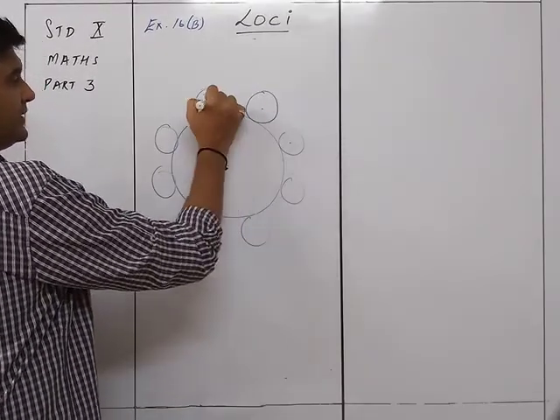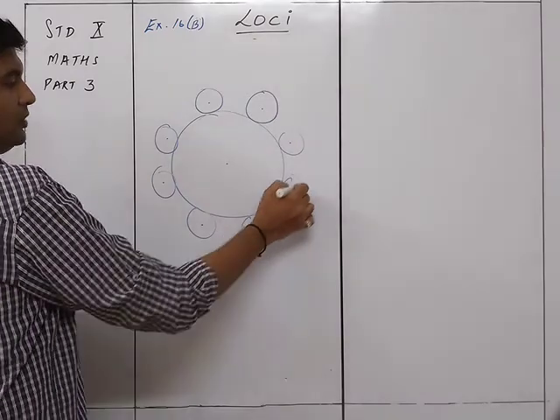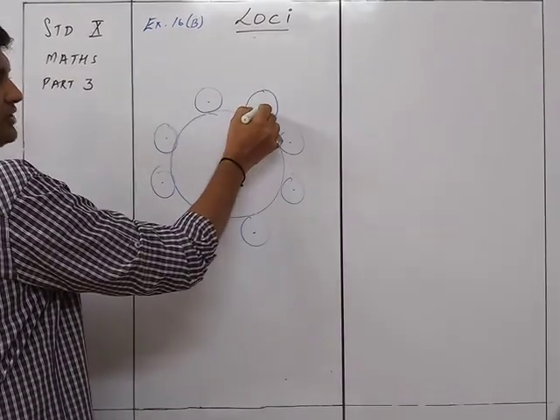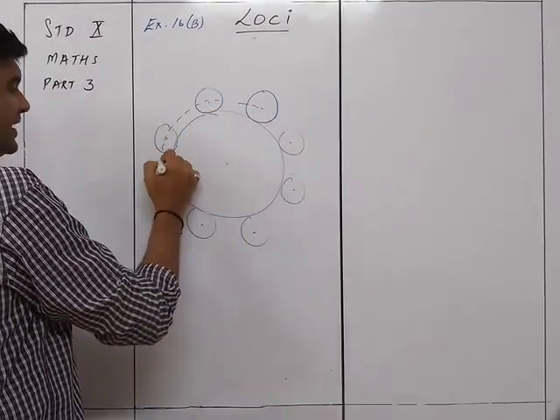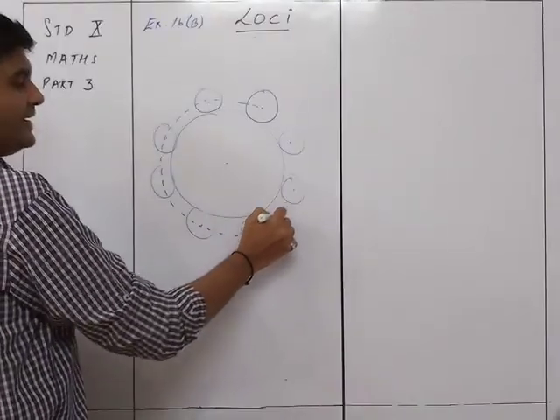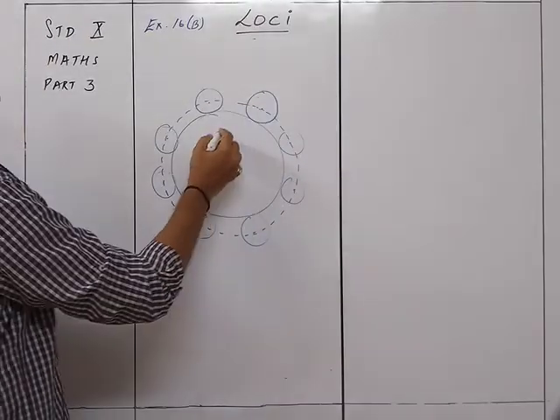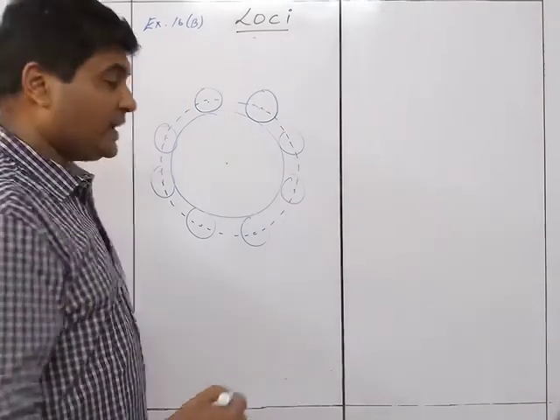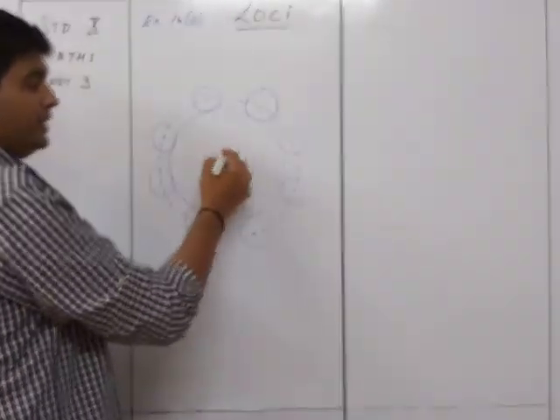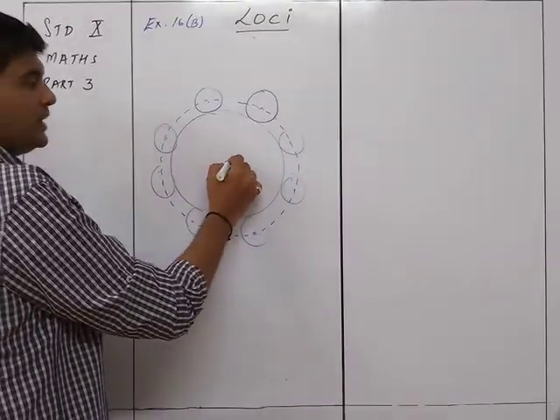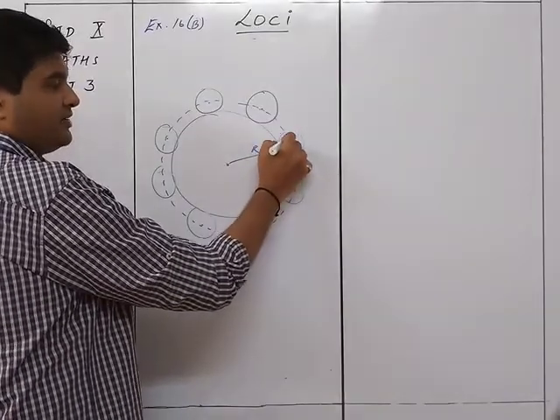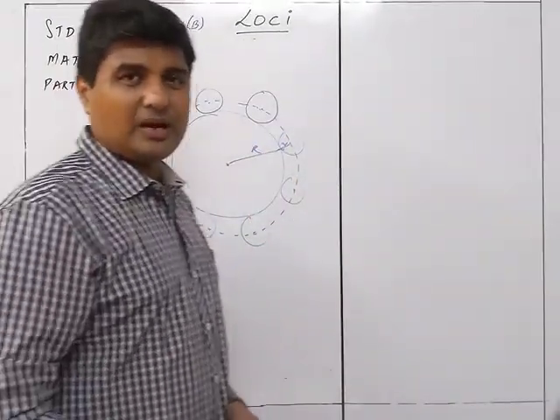So accordingly these are the centers over here. What will be the locus of the center? You can see the locus of the center is another concentric circle, to the same circle over here, with the radius equal to the radius of this plus the radius of this, capital R plus small r.